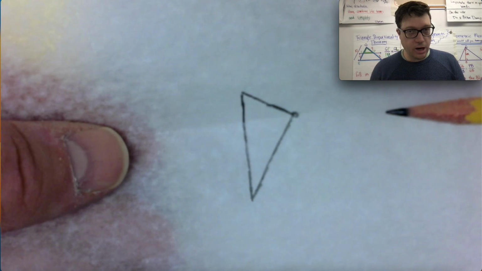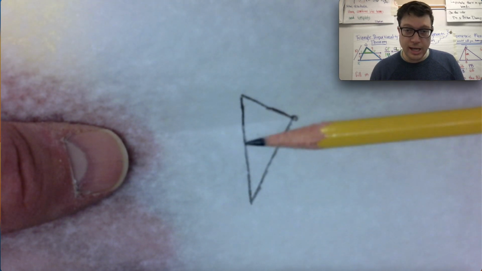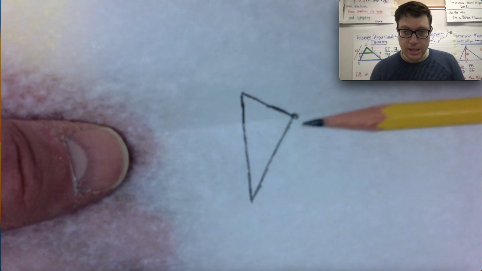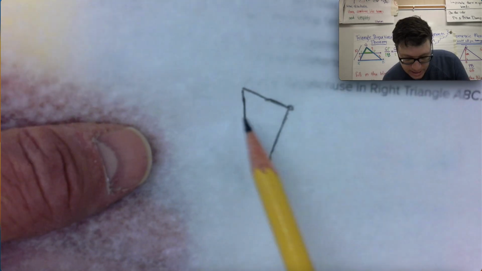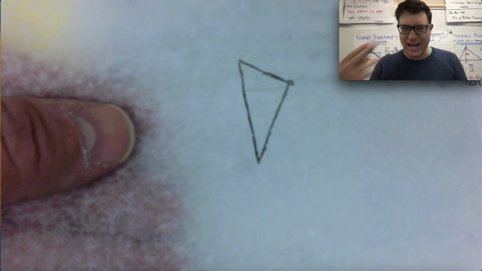I have to be very careful to do both. Fold this section on top of this section and keep the crease of my tracing paper on that point. That way, the line segment that goes across here will be the perpendicular line. It'll be the altitude.